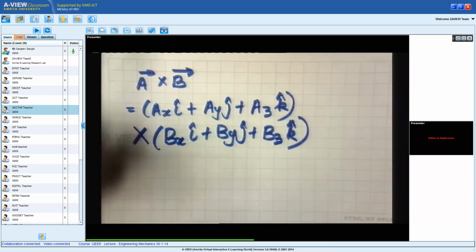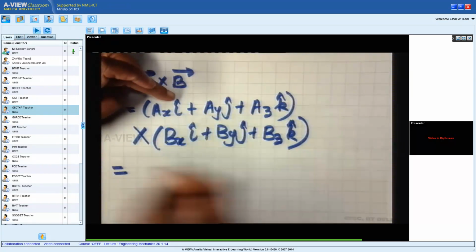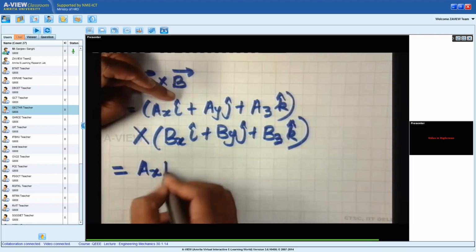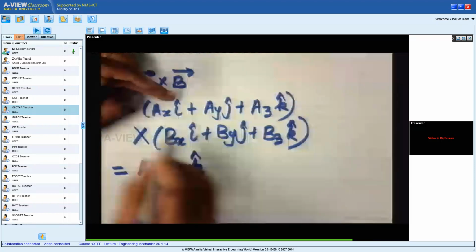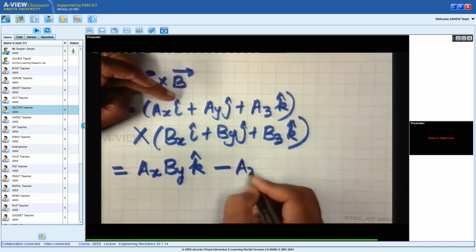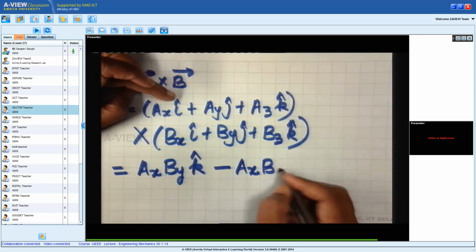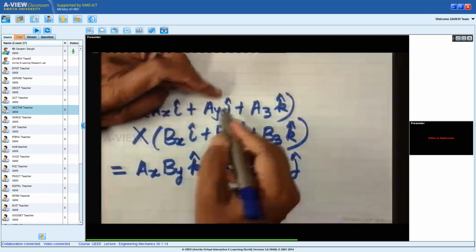Now you will see when I take I cross I, I get 0. I take I cross J. So the first term which I get is AX BY I cross J, which gives me K. I cross K will give me minus J. So this becomes minus AX BZ J.